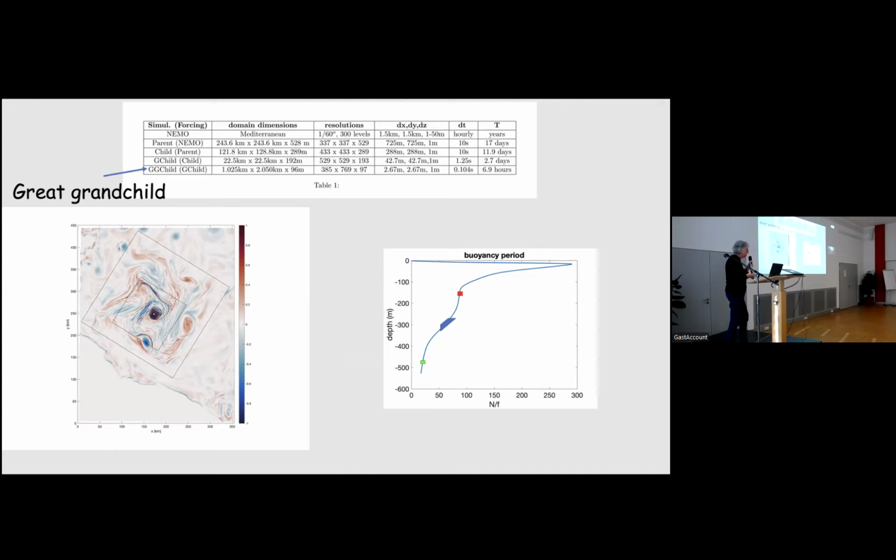Every time, we shrink the vertical domain, and it's always centered on the eddy in the vertical. For the last two nestings, we actually have a grid following the eddy core, so that we're always following the core.